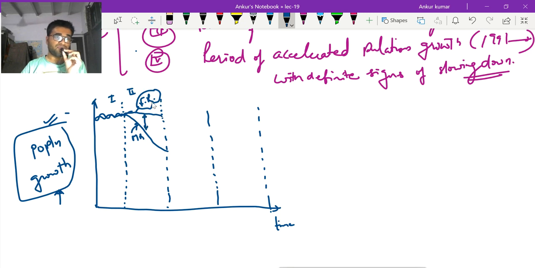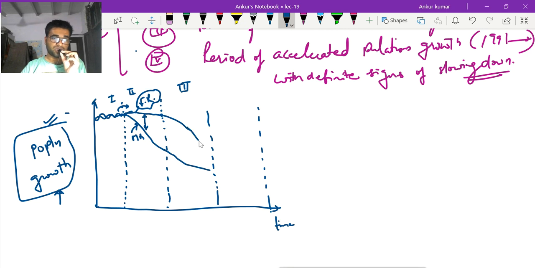There are reasons why fertility rate remains high despite the decrease in mortality rate, because of attitudinal changes. See, the fertility rate is largely a function of attitude. As we transition from the first phase to the second phase, the attitude of society remains the same, which needs time to adjust and change. As we move forward, that will also change. In phase number 3, the fertility rate keeps on declining, but not as fast as the mortality rate.